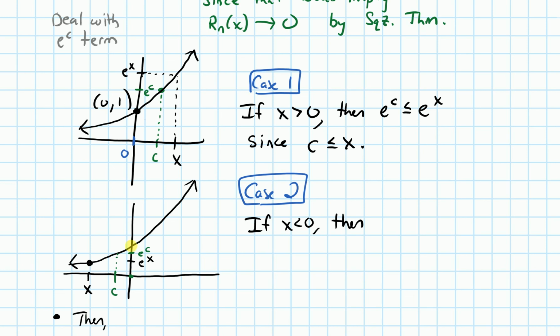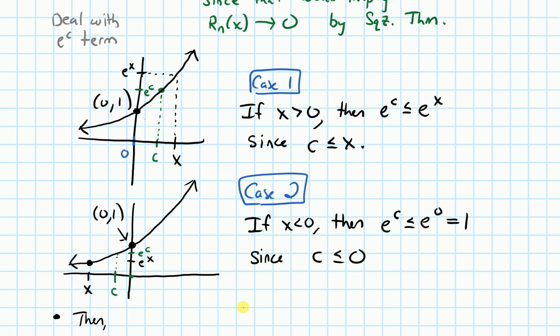Well, for sure, it's going to be less than or equal to the y value at the y-intercept, which is (0, 1). So we can definitely say when x is less than 0 that e to the c will be less than or equal to e to the 0, which is 1, since c is now less than or equal to 0.